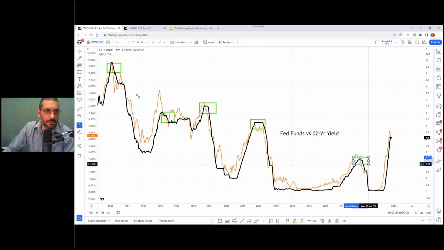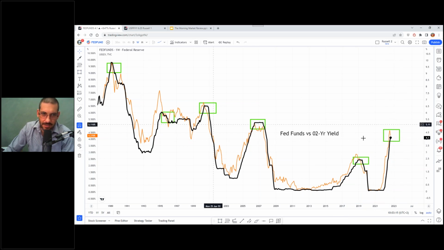Cross below. See that? We're just about across below here. So you can see that even the relationship between the Fed funds and the 2-year suggests terminal rate is around the corner.